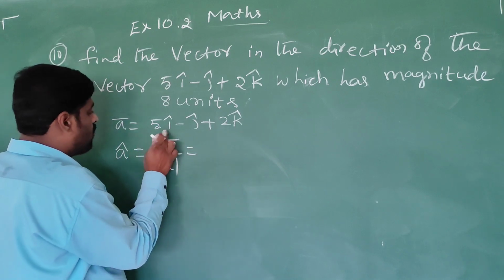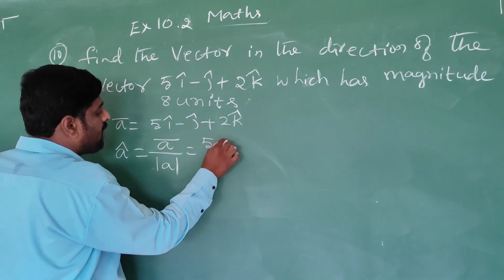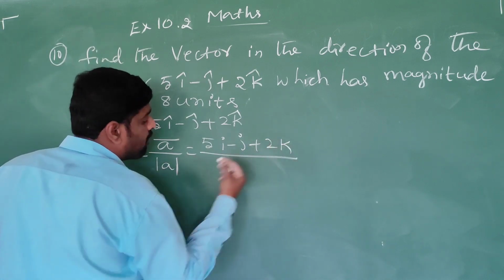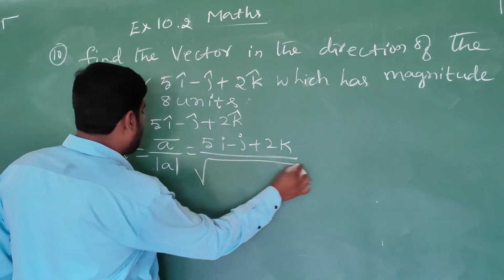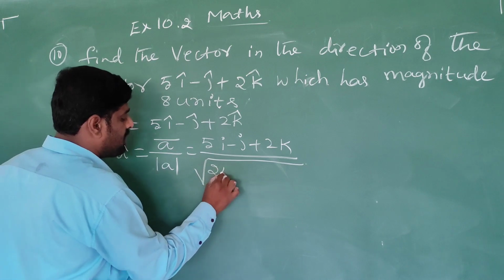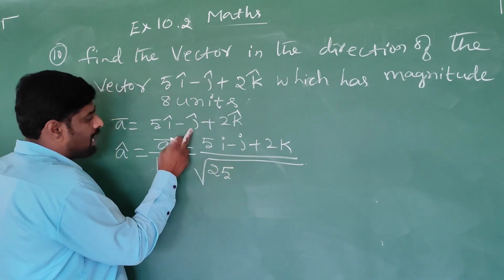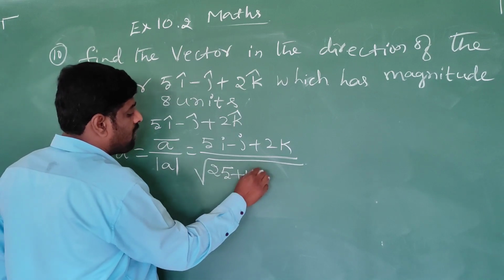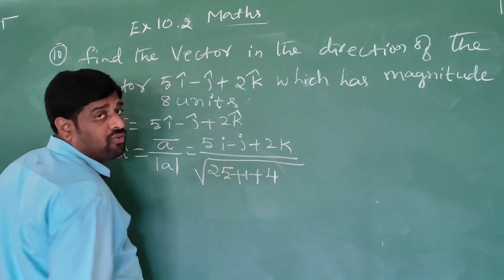What is a bar? 5i cap minus j cap plus 2k cap divided by square root of 5 square, that is 25, minus 1 whole square, that is plus 1, and 2 square, that is 4.